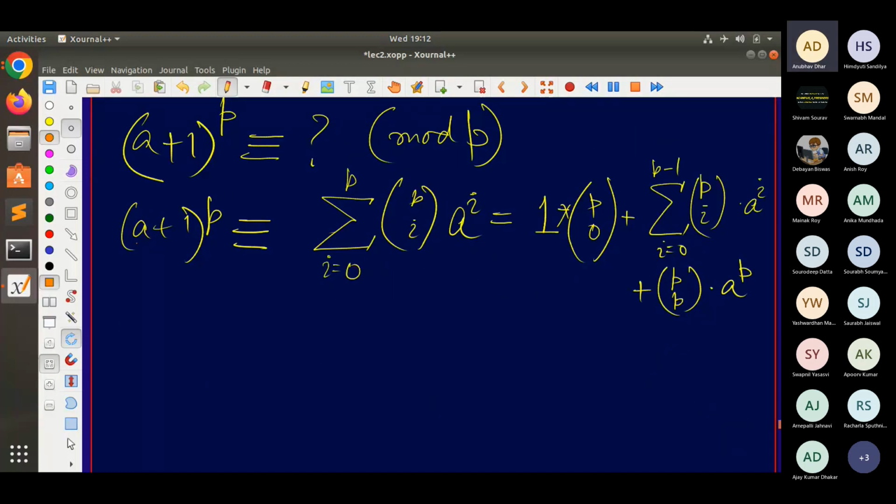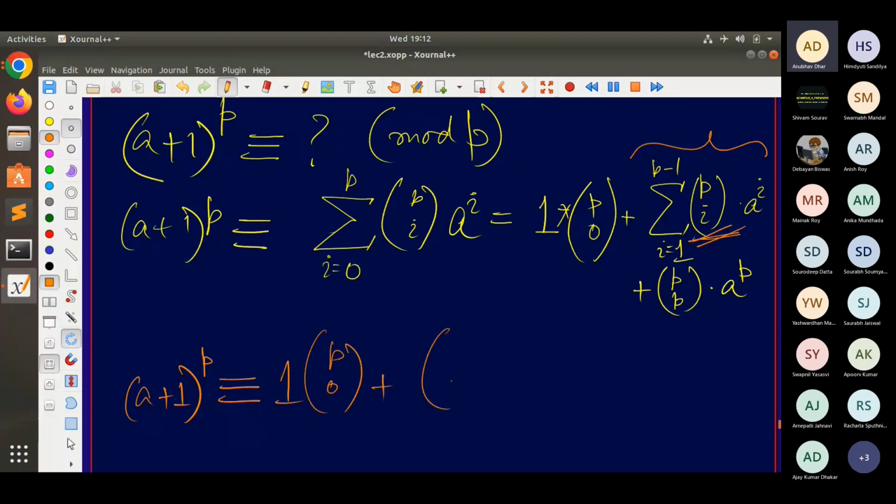So again, as usual, this entire summation is a multiple of p since each of these is a multiple of p. So a plus 1 to the power p is congruent to 1 times p choose 0 plus p choose p times a power p mod p.